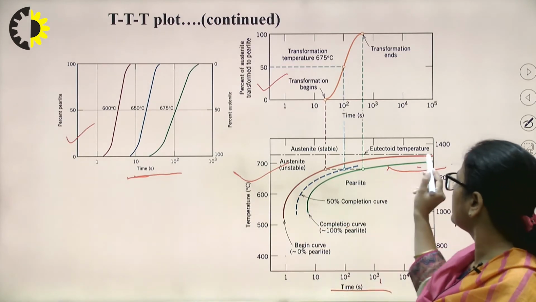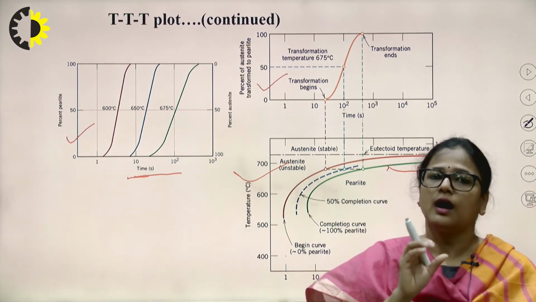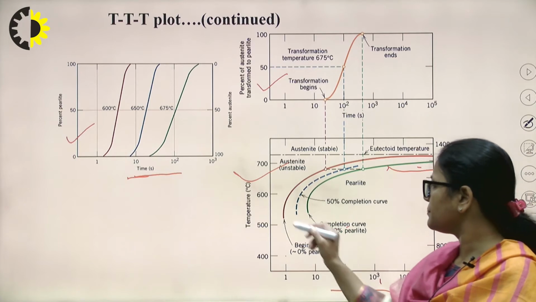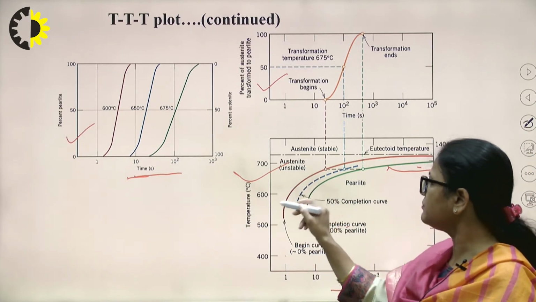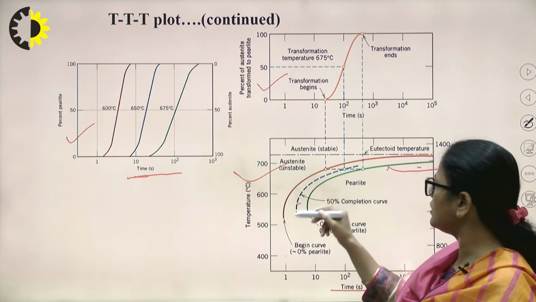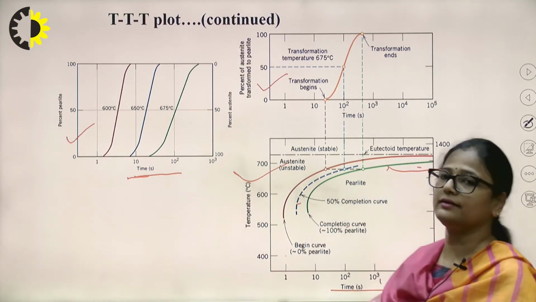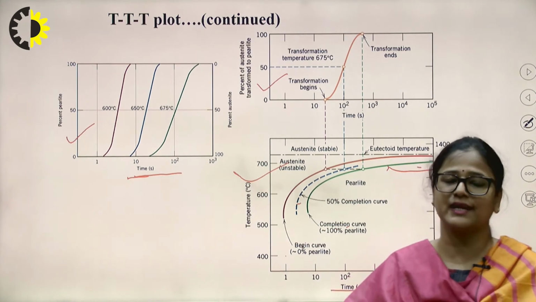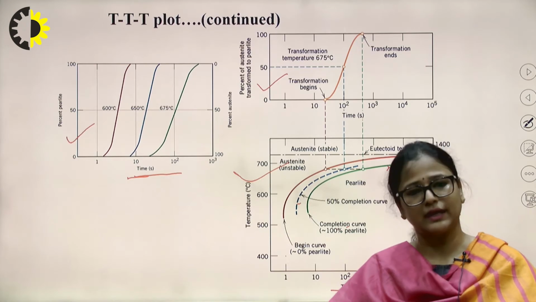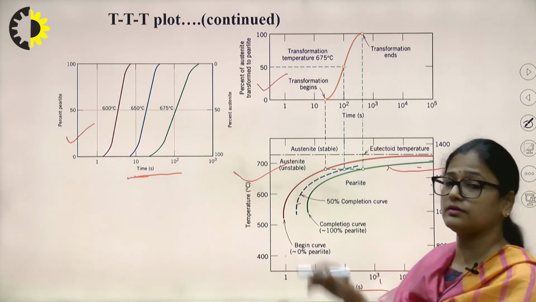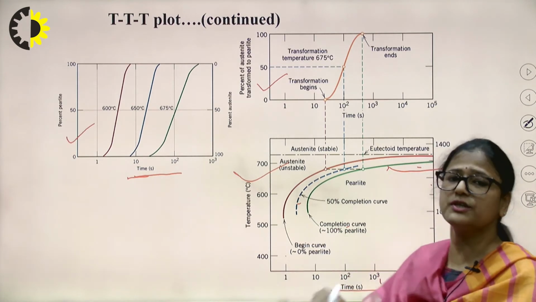It means that at this curve, all the phase in the FeC alloy is austenite, and when the time exceeds this curve, the transformation begins. So at this red line, transformation begins. That's why this line is called the transformation start curve, transformation begin curve, or transformation initiation curve.